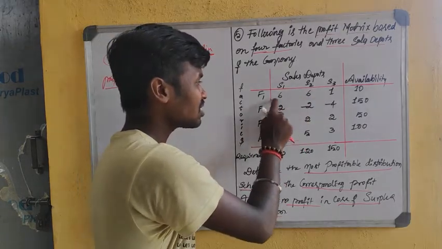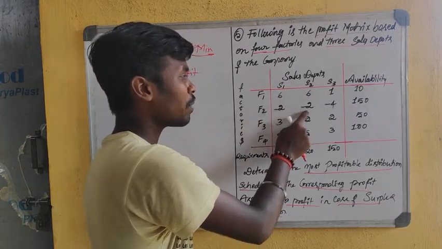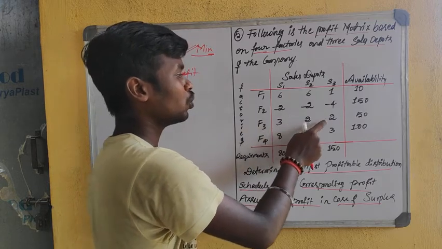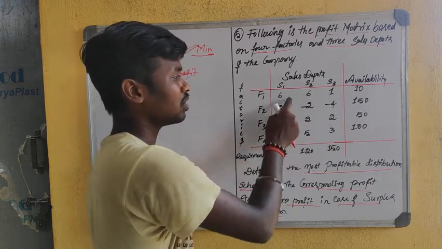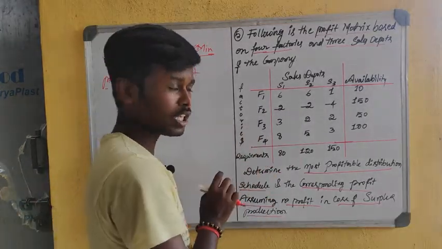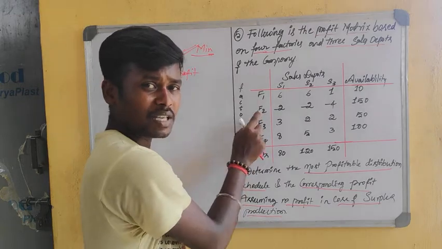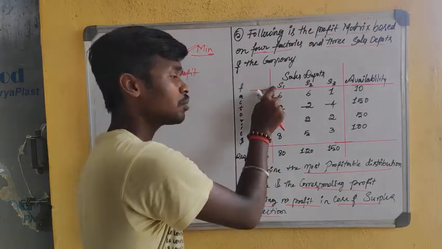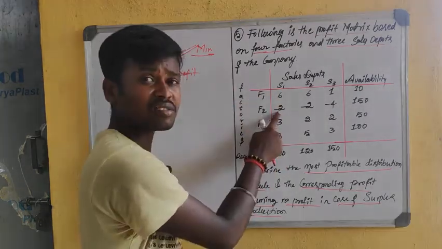So these values, 6, 6, 1, minus 2, minus 2, minus 4, 3, 2, 3, 8, 5, 3, are all the profit information in this problem.